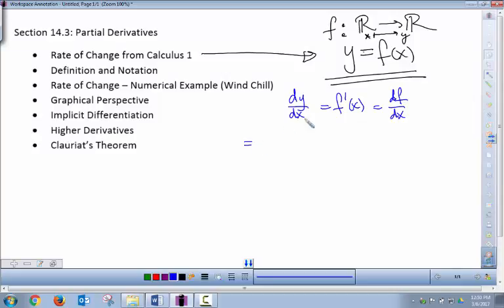But it really boils down to, by definition, this is the limit as h, we usually call it h, sometimes we call it delta x, goes to 0 of the difference quotient.